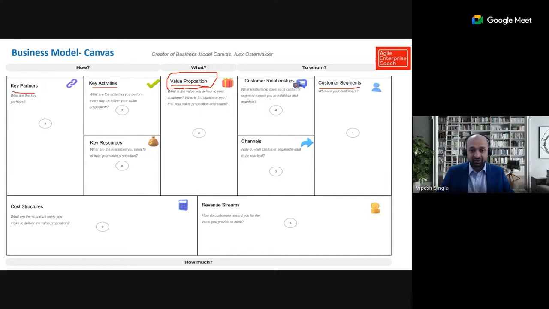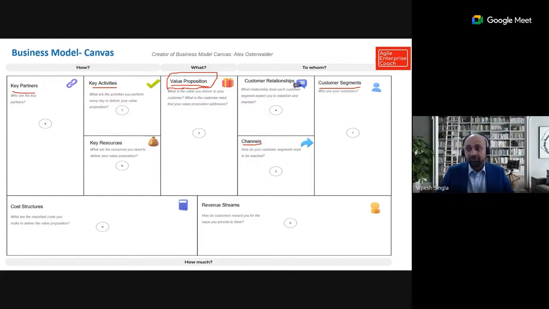The next section is the channel. In the channel section, you capture how these propositions are promoted, sold, or delivered, and why, and whether it is working or not. So what are the various channels you use for promoting, meaning advertising your products, selling your products, and delivering them.